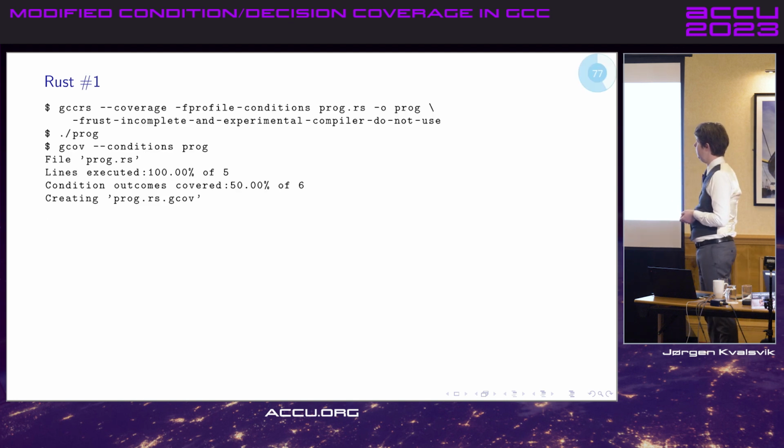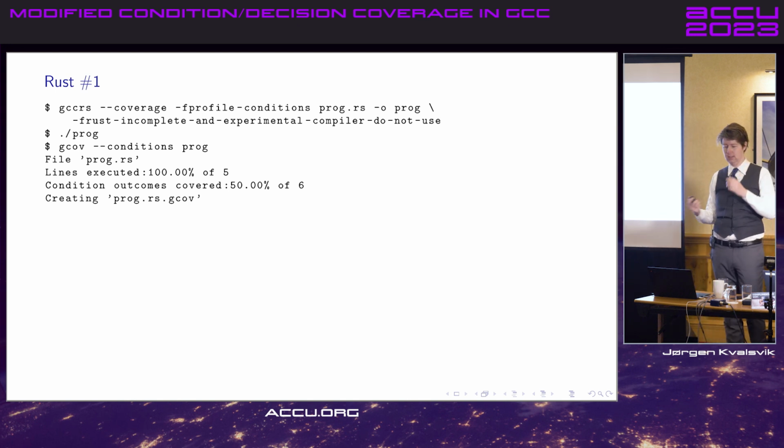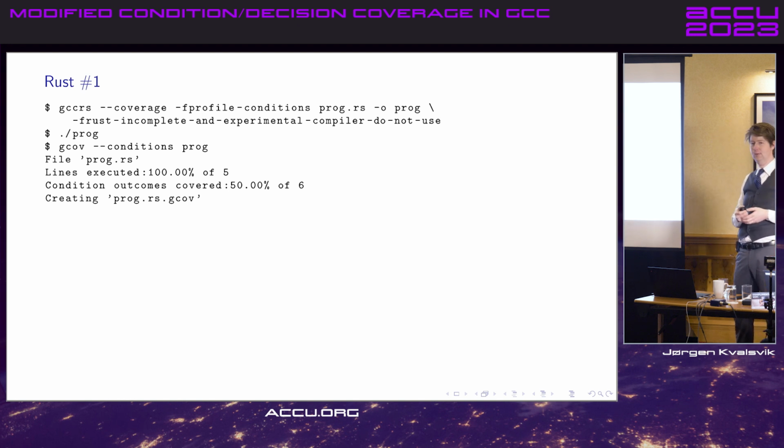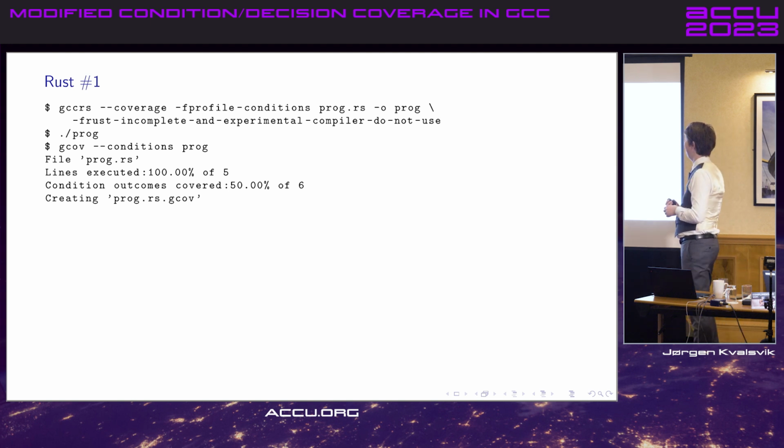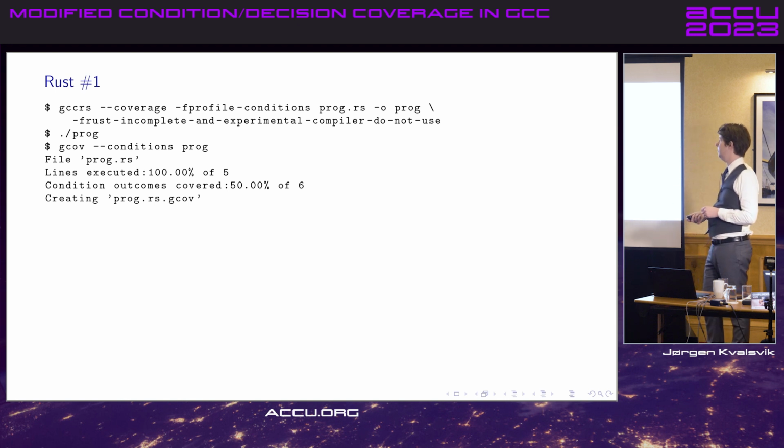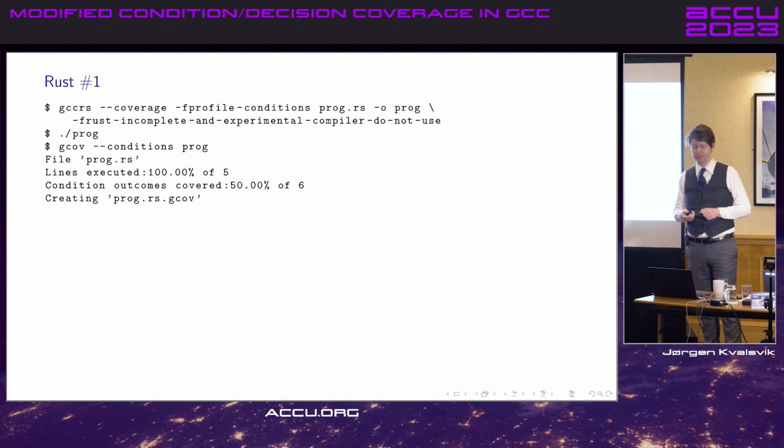And if you run this through GCC with the new GCC RS frontend, which is very experimental, so much that it is an incomplete and experimental compiler, do not use, in order for it to not just terminate, you can instrument Rust with condition coverage.